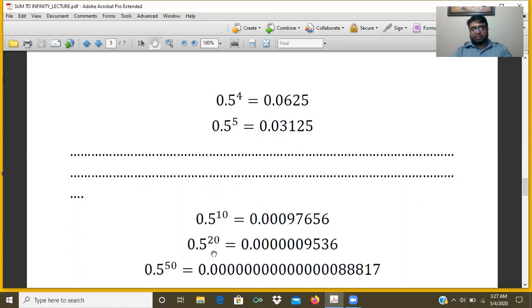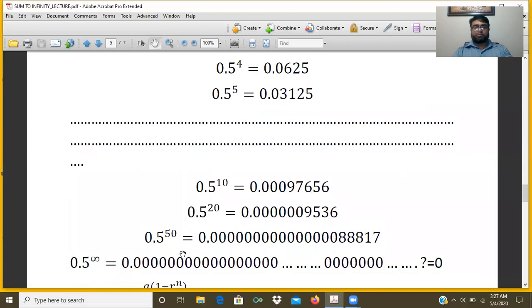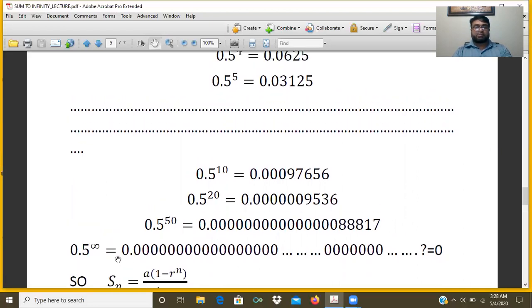When the power is 20, 0.5 to the power 20 is an even smaller value, a very noticeable thing. When the power is 50, it is a very small value. And if the power is infinity, what will happen then? No one knows exactly, but obviously you can say it is becoming so small that the result will tend to 0.